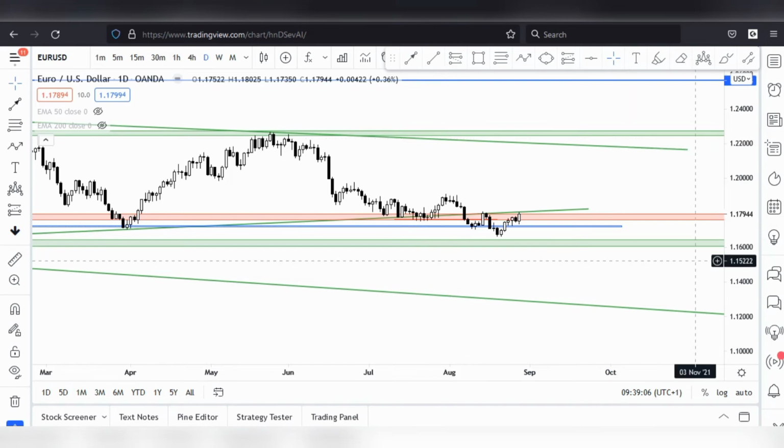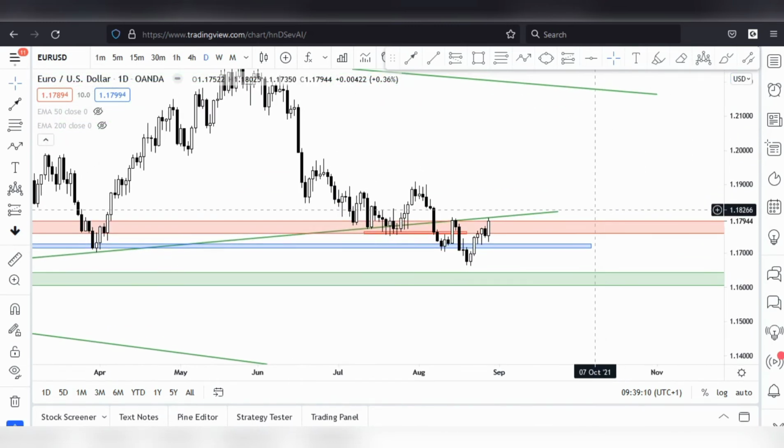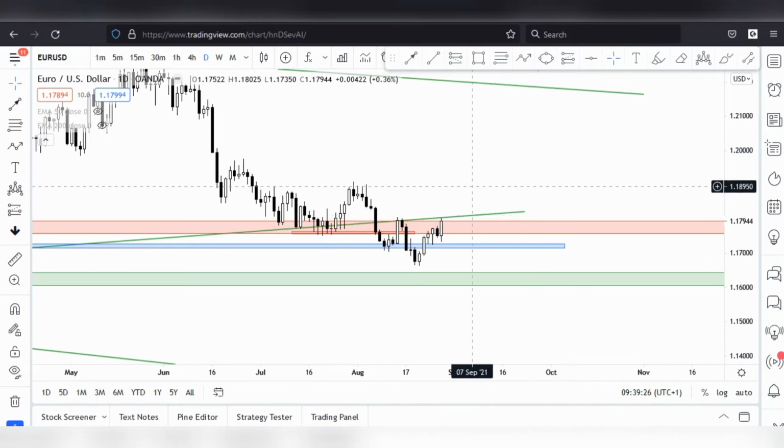On the daily time frame, we can see that price came all the way down here. It didn't really get to where we wanted it to get to, but continued to the top side, and now price is currently at this trend line here and resistance level over here. So again, this is a key area where we'll be looking for price reaction.